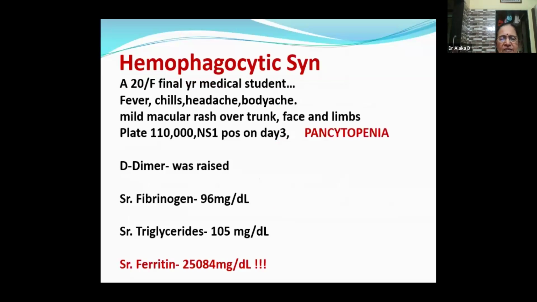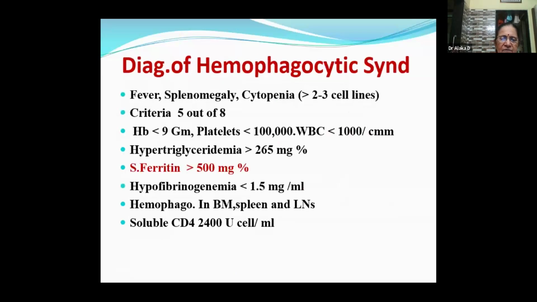Now, hemophagocytic syndrome is not common, which you will not come across. We see it once in a while. Here ferritin levels are very, very high. Fever, splenomegaly, cytopenia of 2 to 3 cell lines, that means RBC, WBC, and platelets are all decreased.